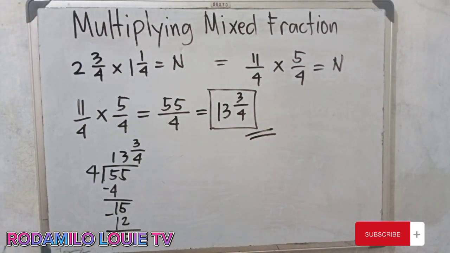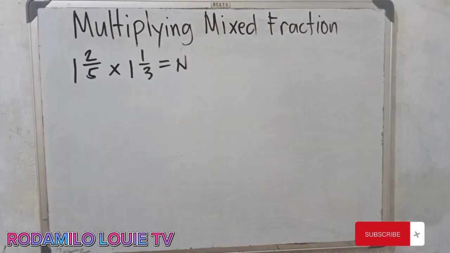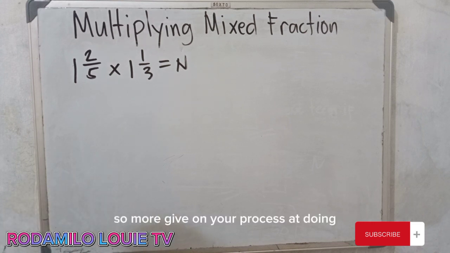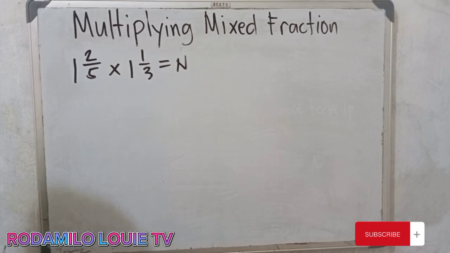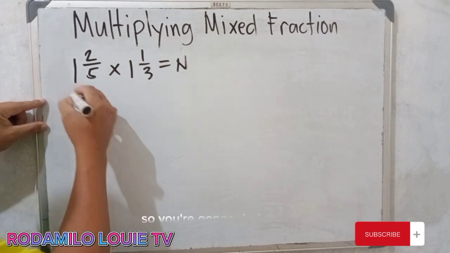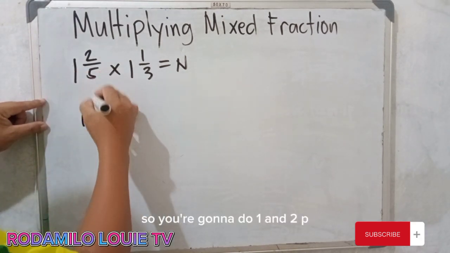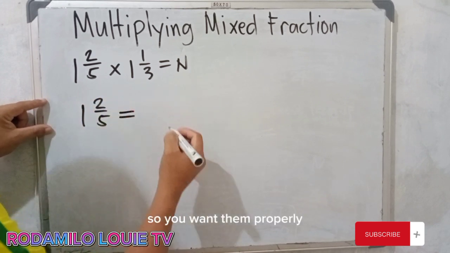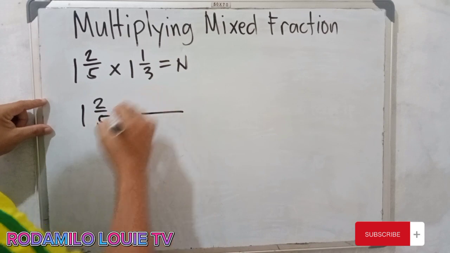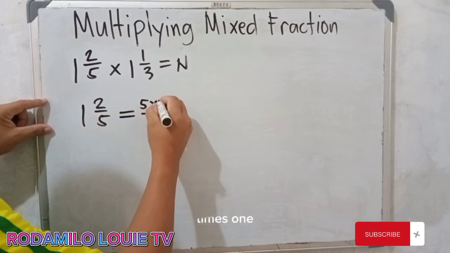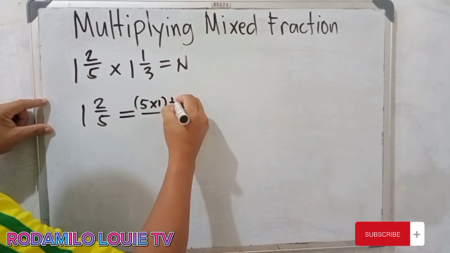Okay. Another example, 1 and 2/5 times 1 and 1/3. So, same gihapon nga process, atong i-rename into improper fraction. So, 1 and 2/5. So, 5 times 1 plus 2.